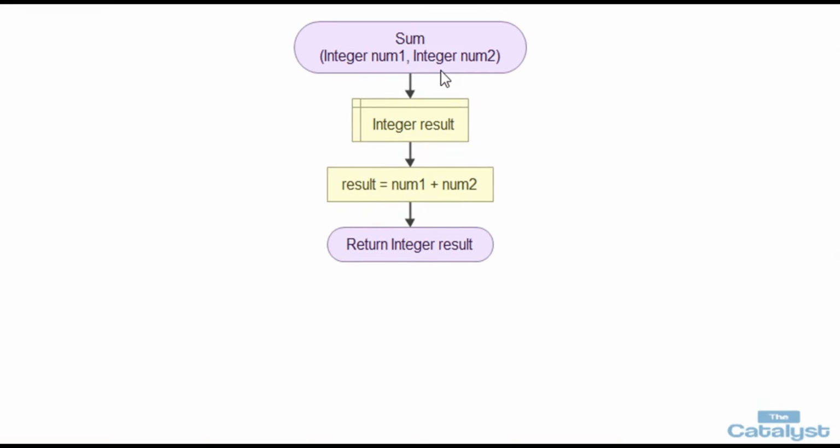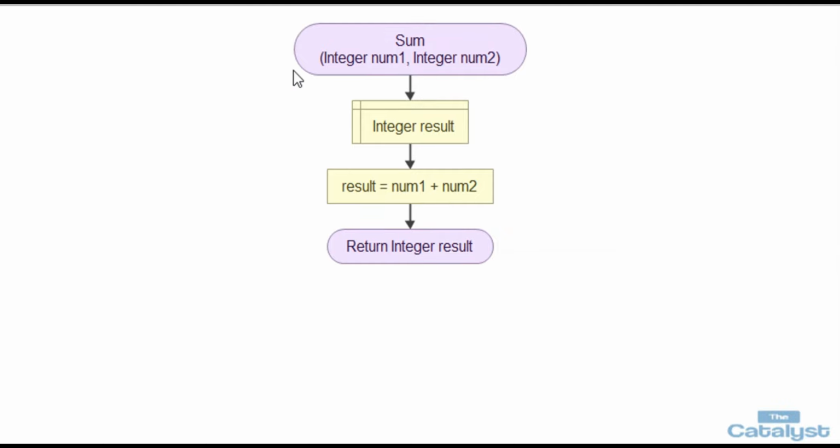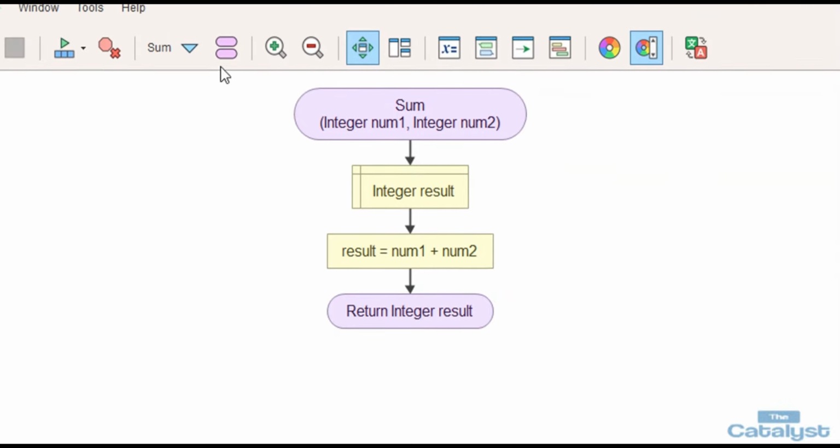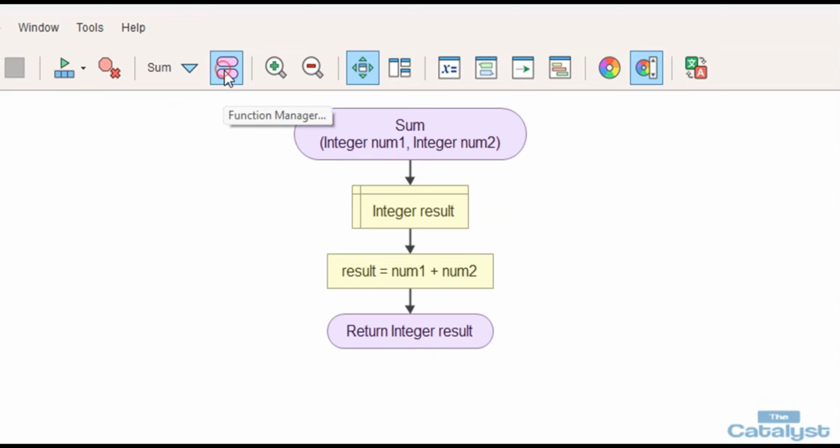Look at it very well. You see here that we have return integer result. That is, the function returns the sum of the two numbers taken in as parameters. But now we are going to modify it so that it becomes a procedure.